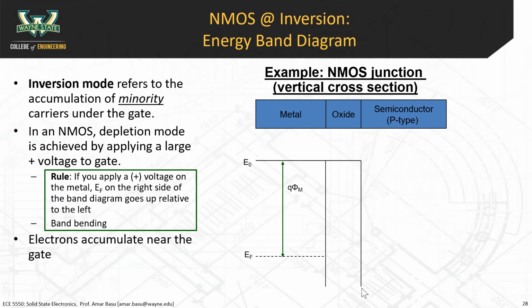Cool. Now we're going to talk about inversion. So we talked about the three other cases: equilibrium, accumulation, and depletion. Now, inversion happens when you apply positive voltage to the gate, just like before in the case of depletion, but we're applying more voltage. We're applying enough voltage that we can actually invert the material. So let's draw it again.